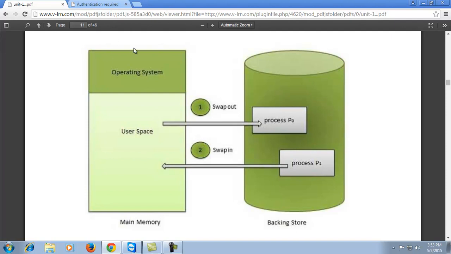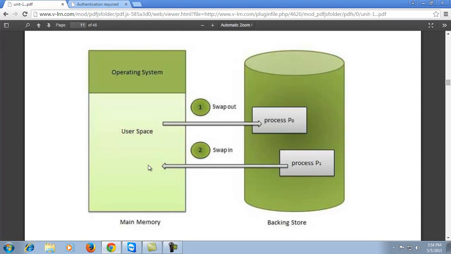The operating system has space for the users, and we can store data in user space by swapping. We can swap out from user space to the backing store, which is the physical storage of data. If we are picking some data from the backing store to main memory, that is called swap in.